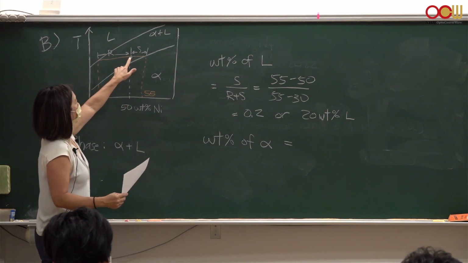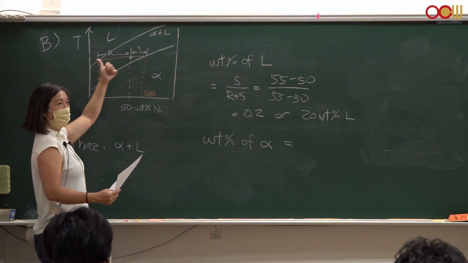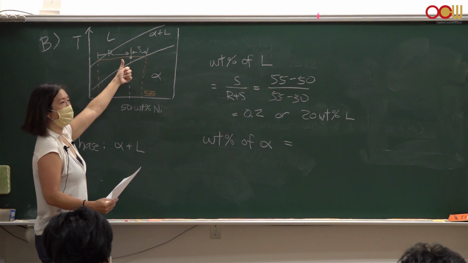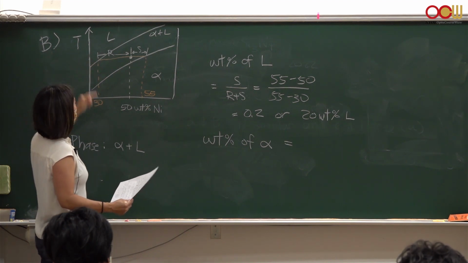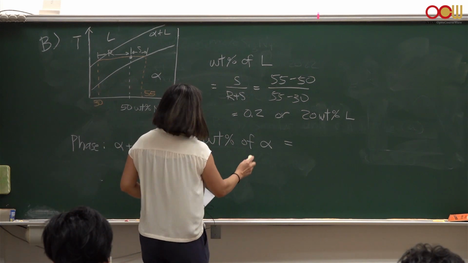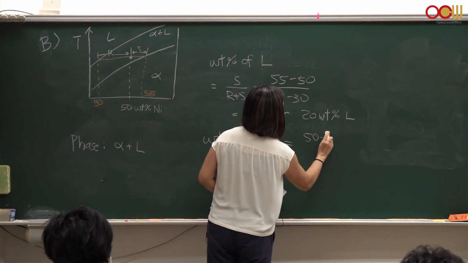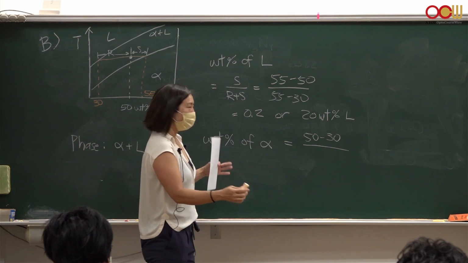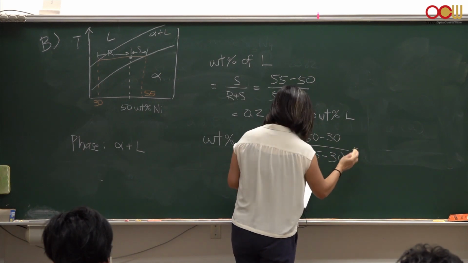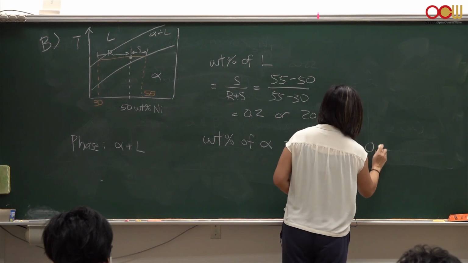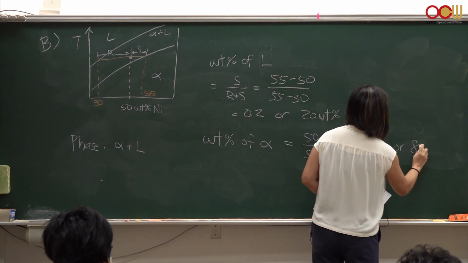You take the distance going to the opposite phase. For alpha, because it's solid, we go to the liquidus line, where the line crosses the liquidus. So that would be 50 minus 30, divided by the entire length of that line, 55 minus 30, and that is 0.8 or 80 weight percent.